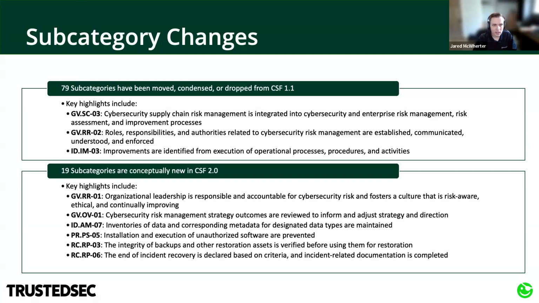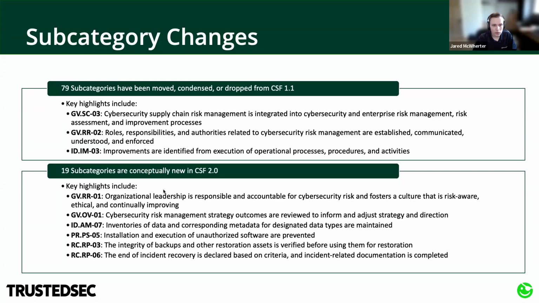Lastly, on the subcategories that have been moved and condensed: improvements are identified from the execution of operational processes, procedures, and activities. Once again, there were a lot of subcategories relating to testing processes, testing controls, performing tabletop testing for incident response, performing restoration testing of backups.